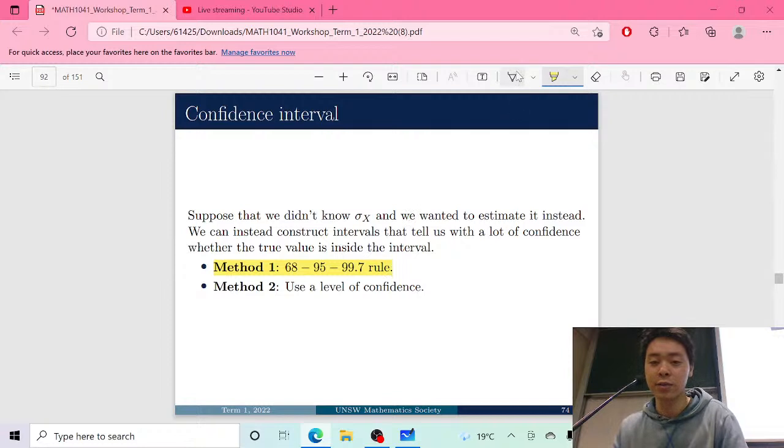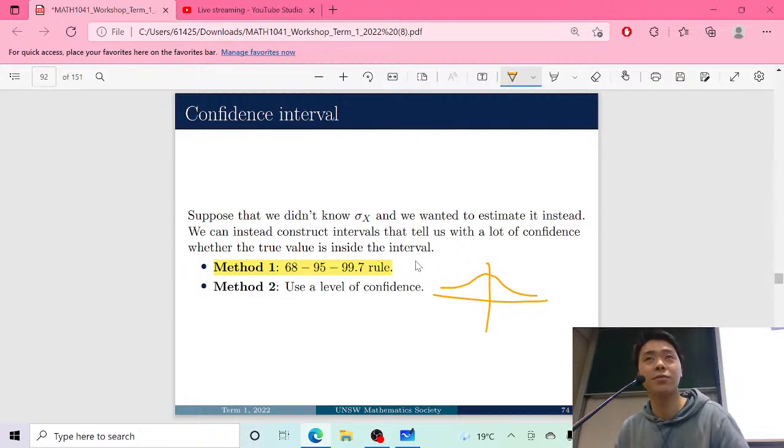It relies on the fact that, roughly speaking, 68% of data is within one standard deviation away from the mean, 95% of data will lie roughly within 2 standard deviations from the mean, and 99.7% of data will lie within 3 standard deviations from the mean. This is very rough, but it's a fairly good estimation for the actual confidence interval. The other way, instead of estimating, is to get a precise confidence interval depending on the level of confidence that we're after.